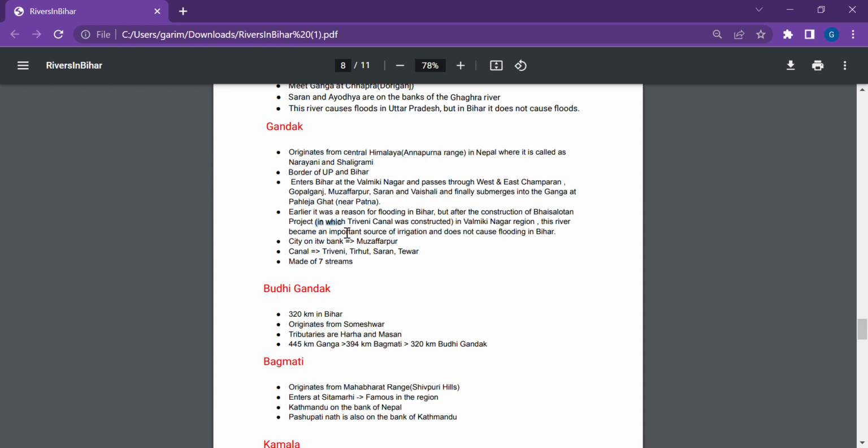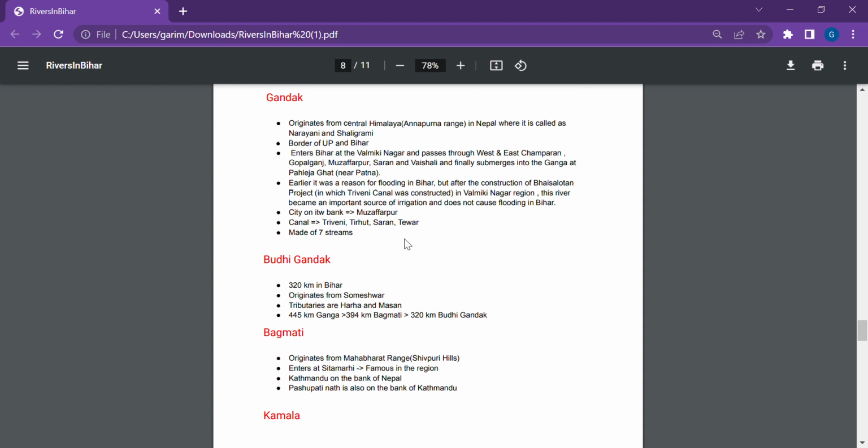After the construction of the Bhaisalotan project, in which the Triveni Canal was constructed in the Valmiki Nagar region, this river became an important source of irrigation and does not cause flooding in Bihar, because the overflowed water is diverted into the fields of West Champaran so that it can be used for irrigation.